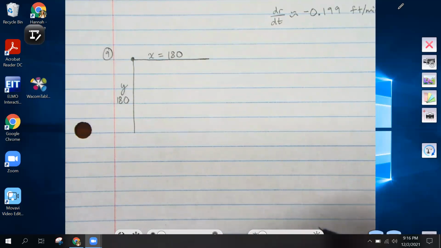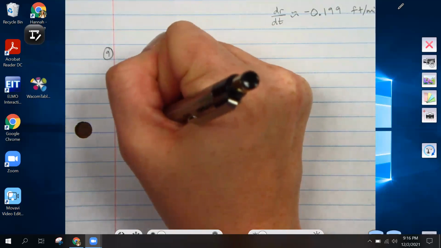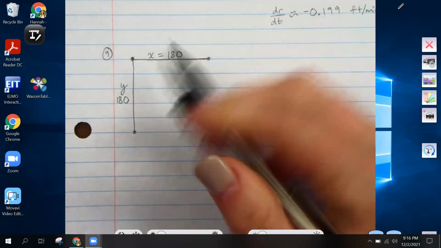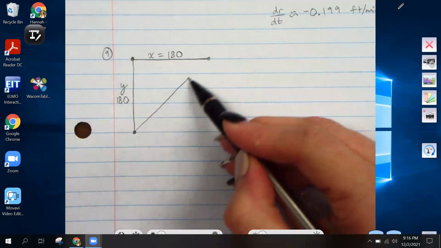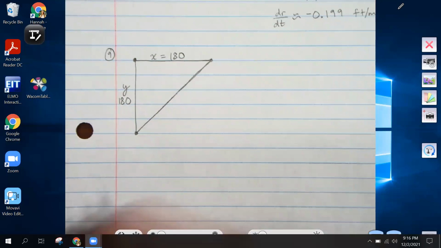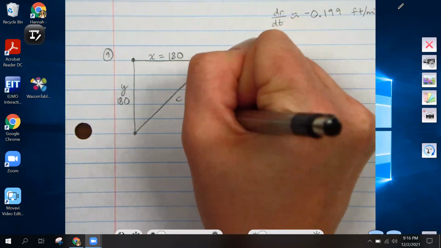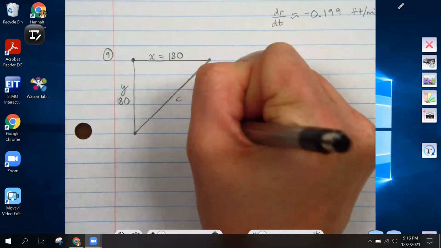Okay, the question it's asking is how fast are they separating at 3 p.m.? So it wants to know the rate of change of this distance. We'll call this distance C. So the question is asking, what is dc/dt?